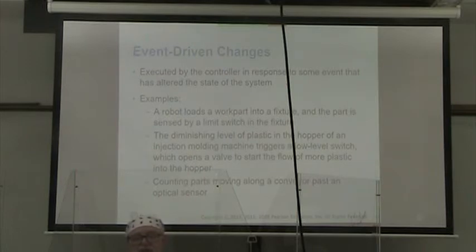Event-driven changes are executed by the controller in response to an event that alters the state of the system. An example: a robot loads a part into a fixture, and the part is sensed there because there's a limit switch built into the fixture.